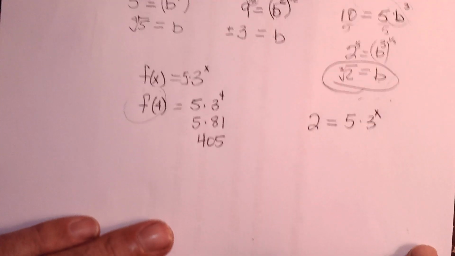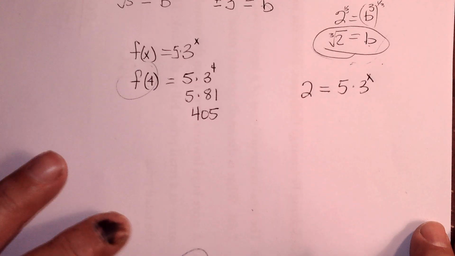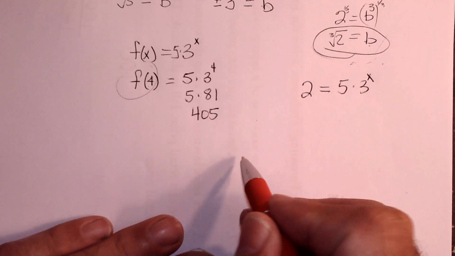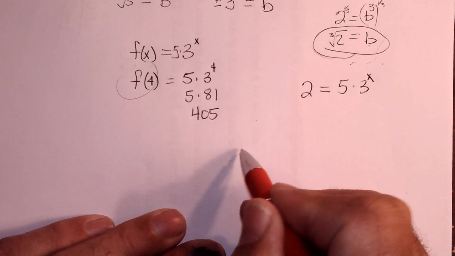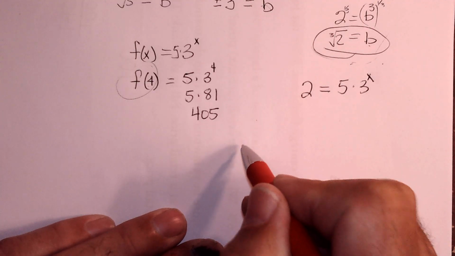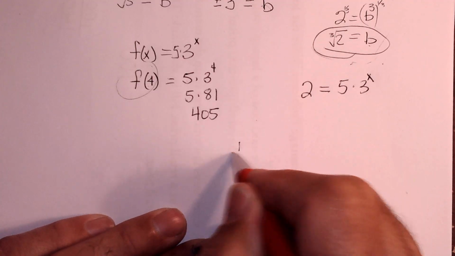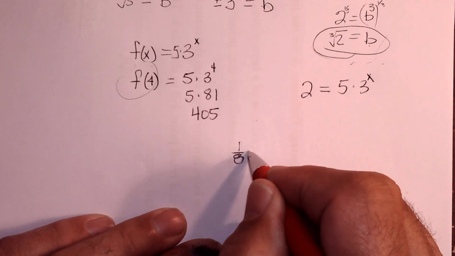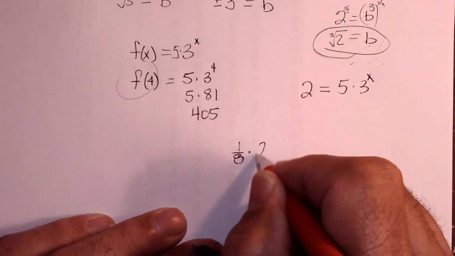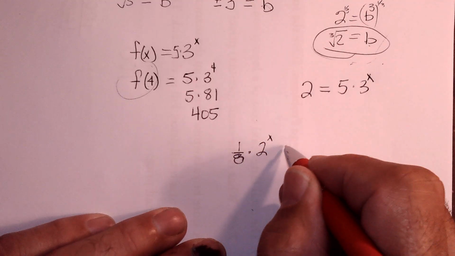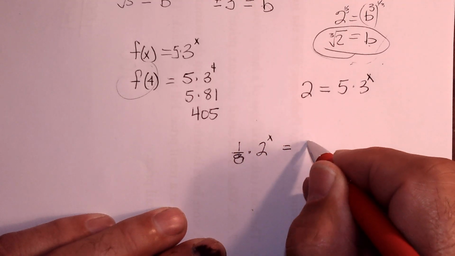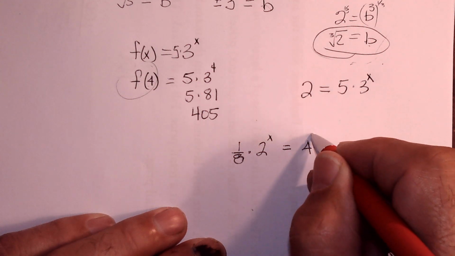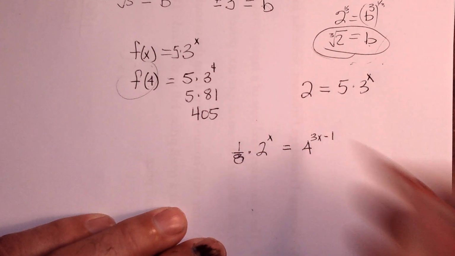Now this will go back to what I talked about, and one of the things I said in class one day was 1/8 times 2 to the x equals 4 to the 3x minus 1.